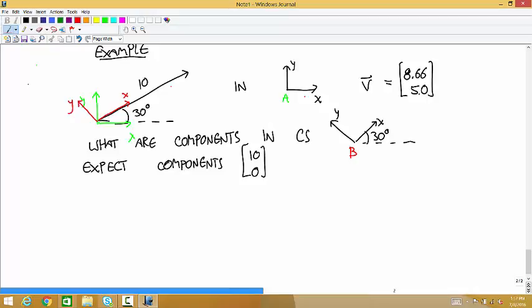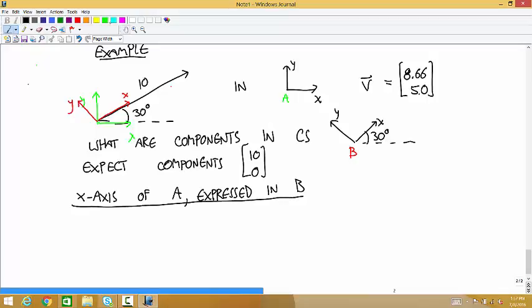So the x-axis of A expressed in B. Let me draw. The x-axis is like this.